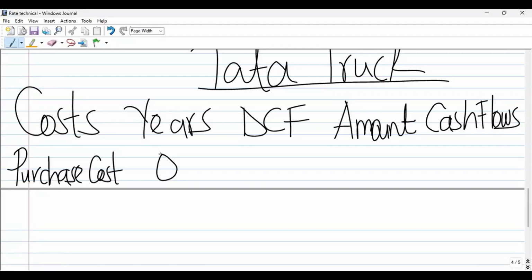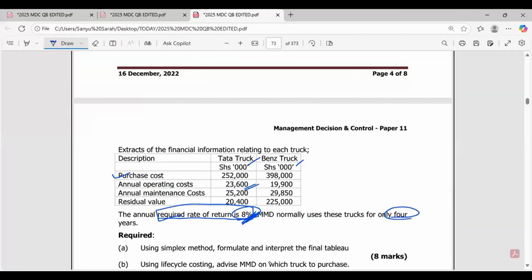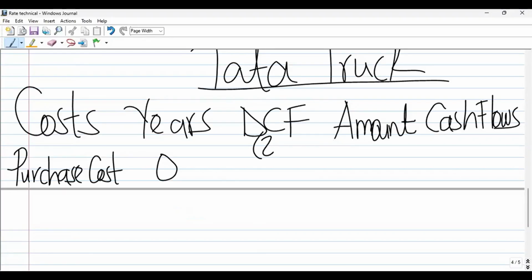Our discounting factor here, they've told us that the required rate of return is 8%. So we come and show that we are using 8%. So when we are at 8% in year 0, the present value interest factor is 1. Now, here we are going to need a lot of financial management.